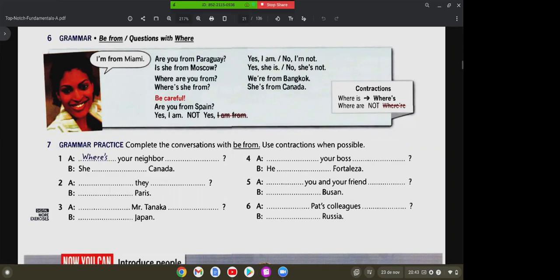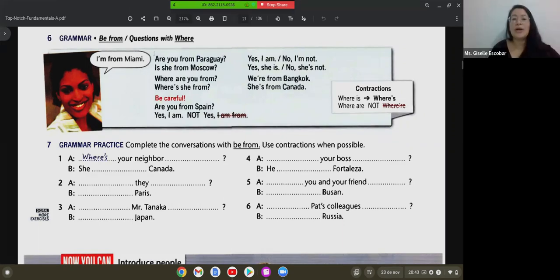Siempre pongan atención a las primeras palabras de las preguntas, porque ahí va a depender el tipo de respuesta que vamos a dar. Si yo digo, is she from Moscow? Yes, she is. No, she is not. Let's see, ¿qué otra cosa?